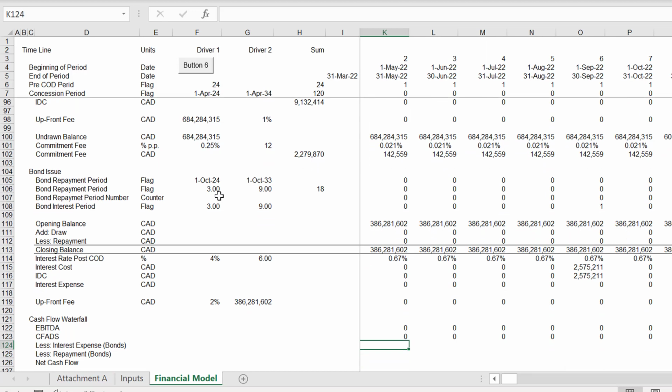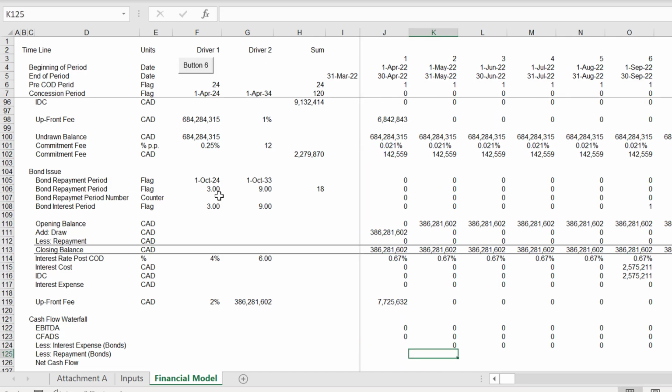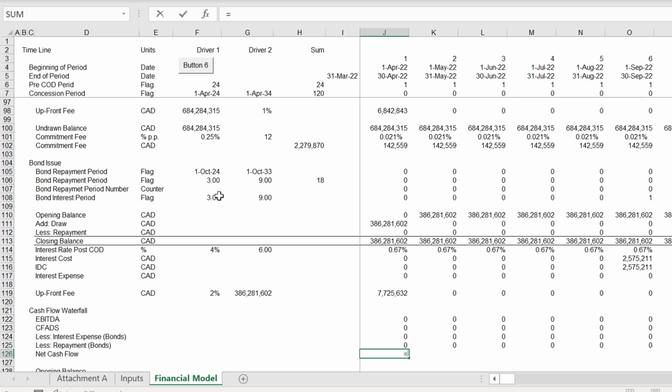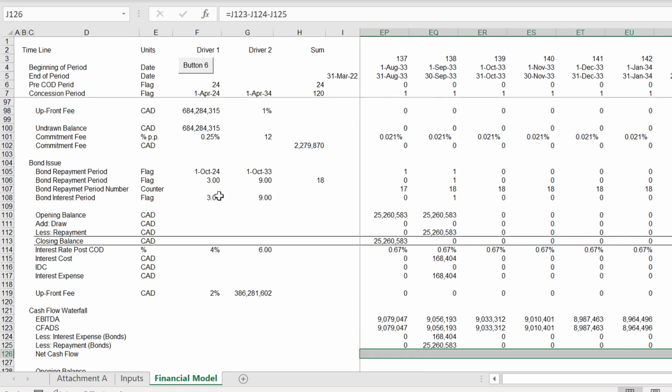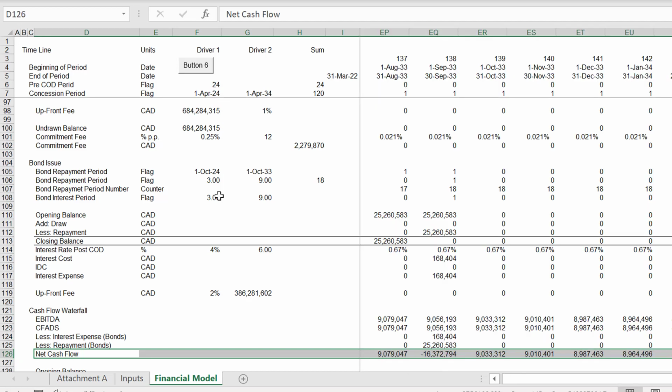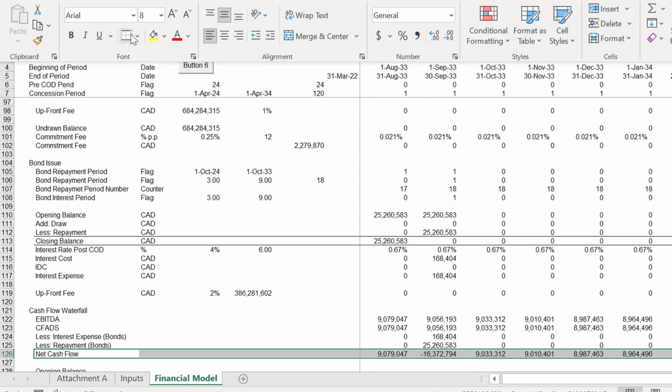Then we take away the interest expense on our bonds, and then we take the repayment we have on our bonds up here, and then we have the net cash flow, which is our CFADS minus our bond interest. It looks all so simple, doesn't it? Unfortunately, we normally would be finished here, but we have a monthly model.